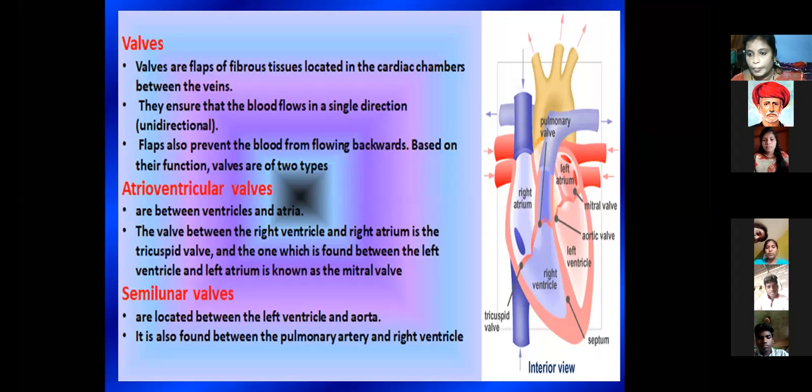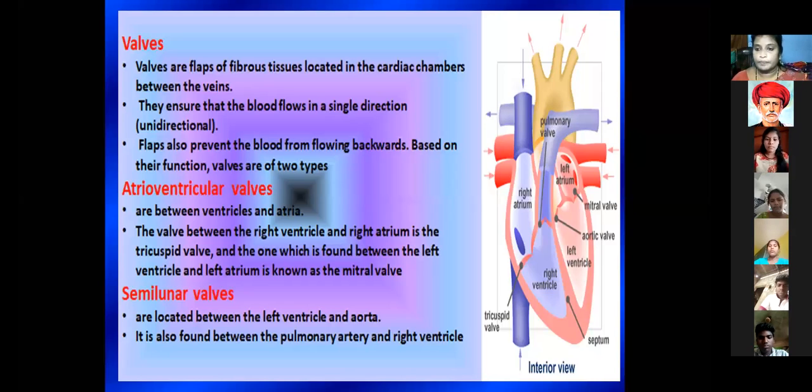Already there are four chambers. The right ventricle and right atrium are located at the tricuspid valve, ma. The left ventricle and left atrium are located at the bicuspid valve or mitral valve. Okay, ma? Can you understand? Yes, madam.